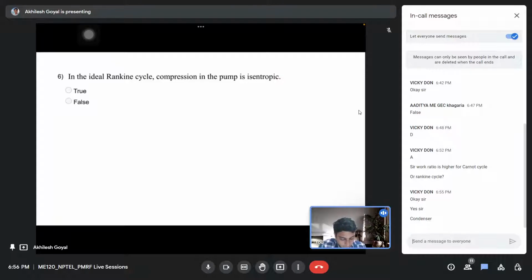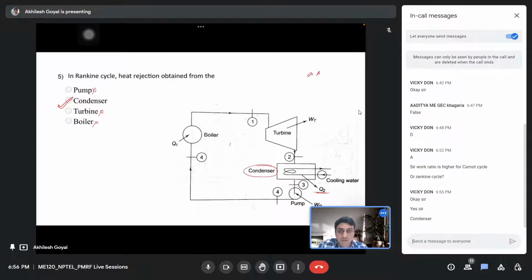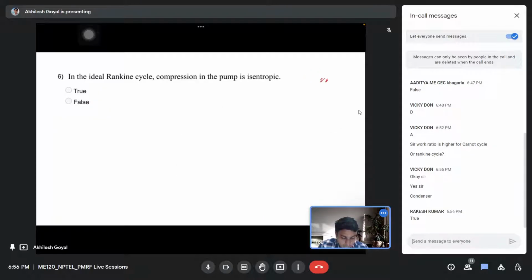Yes, we have already seen that, in the Rankine cycle, the compression and expansion of steam in pump and turbine respectively is an isentropic process. So the answer is true. Let's move to the next question.